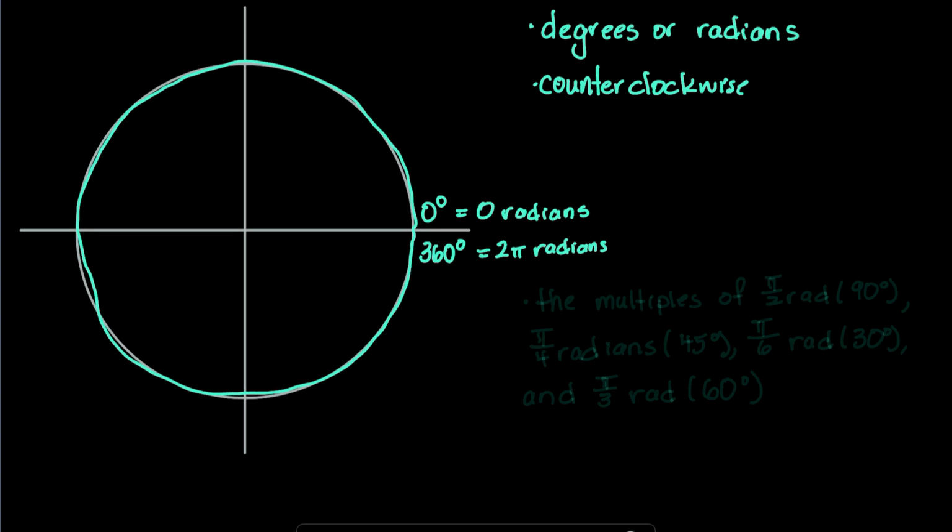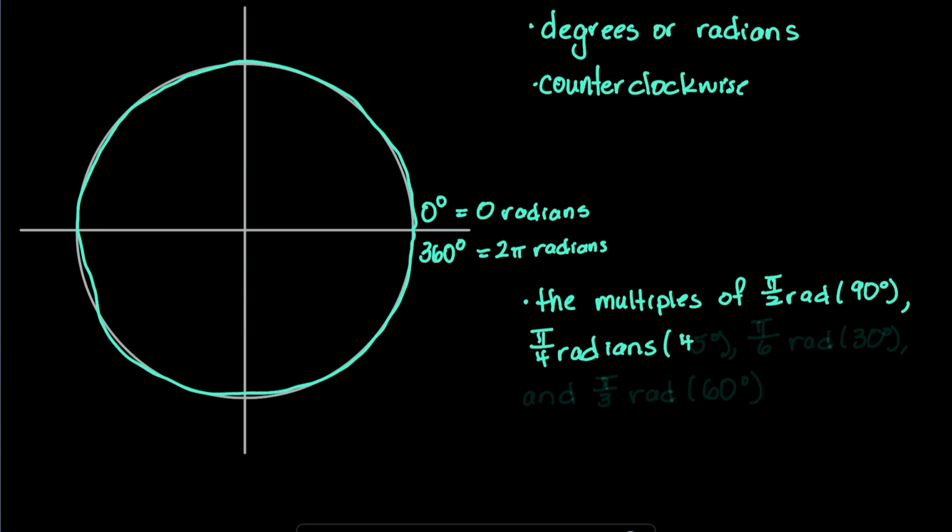We focus on the multiples of pi over 2 radians, or 90 degrees, pi over 4 radians, or 45 degrees, pi over 6 radians, 30 degrees, and pi over 3 radians, which is 60 degrees.